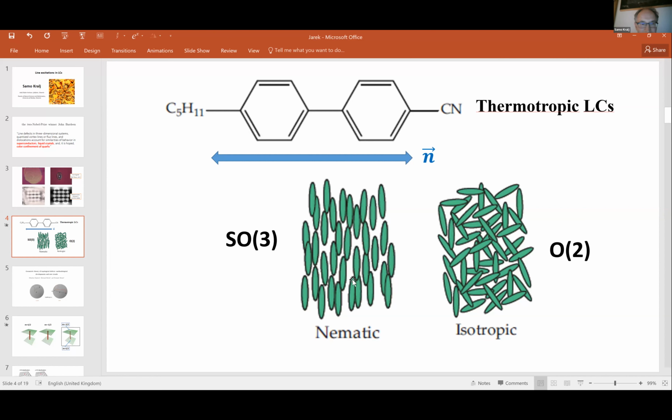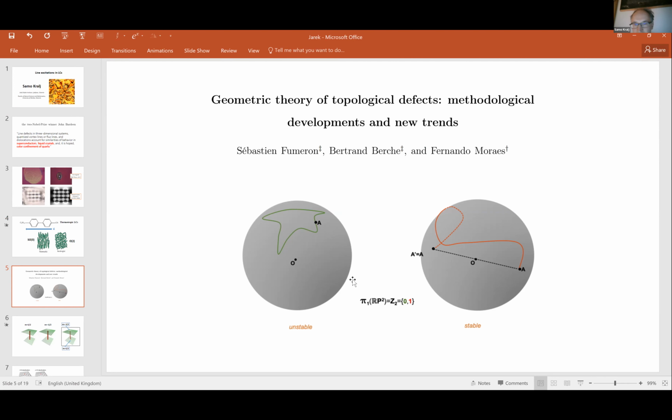If it can be shrunk to a point, then you don't have the defect. If you cannot shrink it, you have the defect. And in liquid crystals, you have one kind of aligned defects. And for these line defects, you can define a winding number.